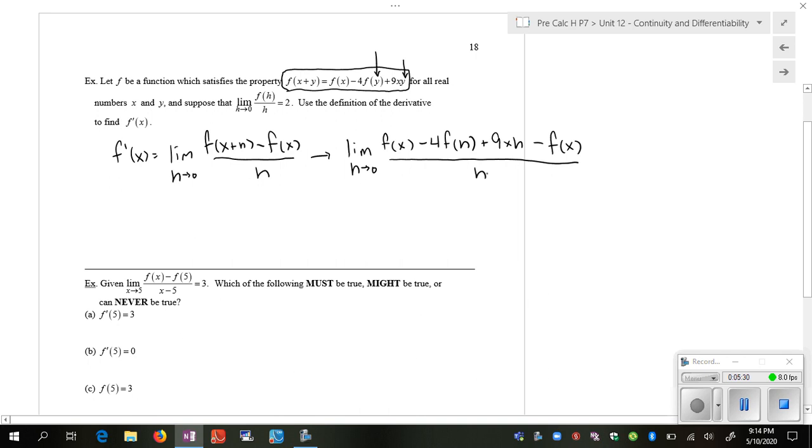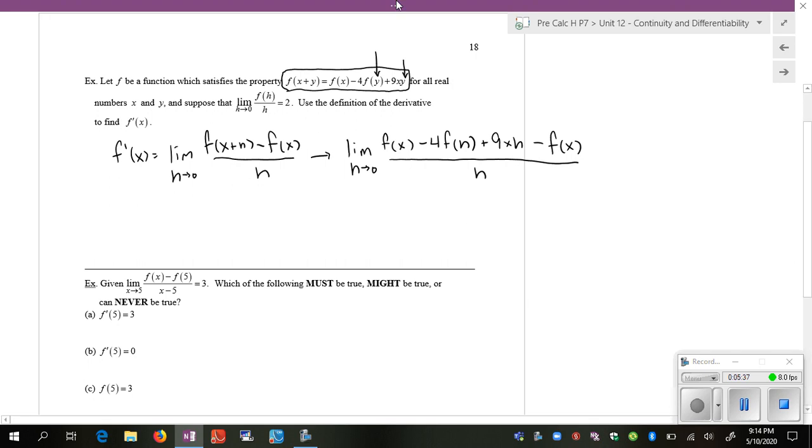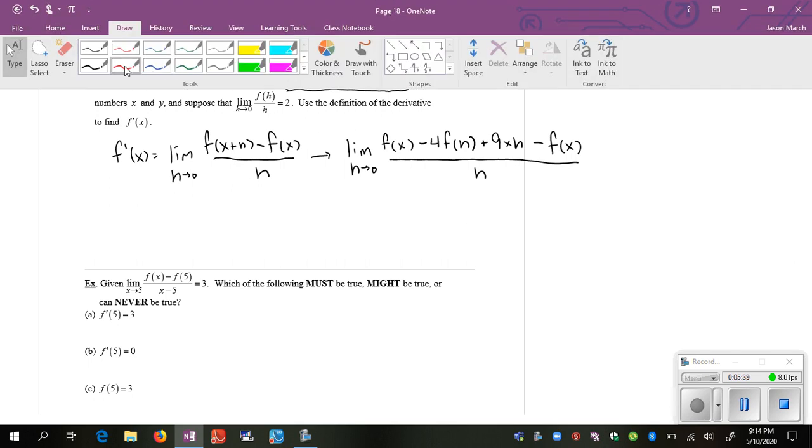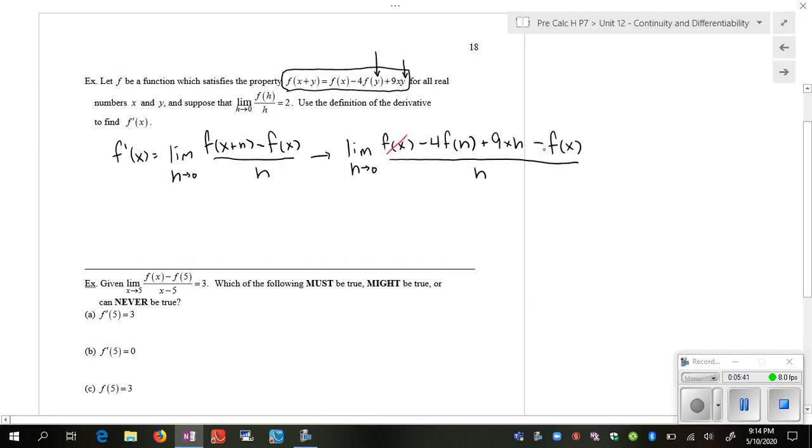all over h. And it looks kind of confusing at first, but we have some things that cancel. We have positive f of x and negative f of x. Those are going to cancel.